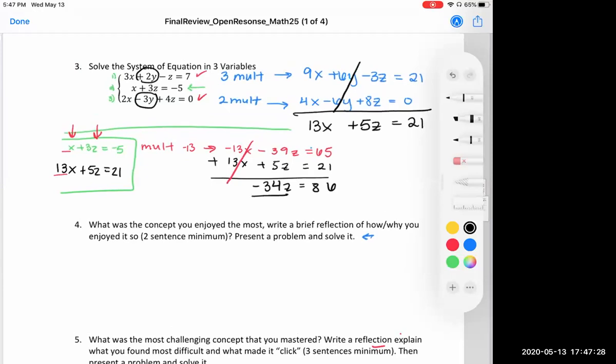So we divide by negative 34. And we get that z is equal to, I'm guessing 2. 86 divided by 34. Oh, it doesn't divide evenly?